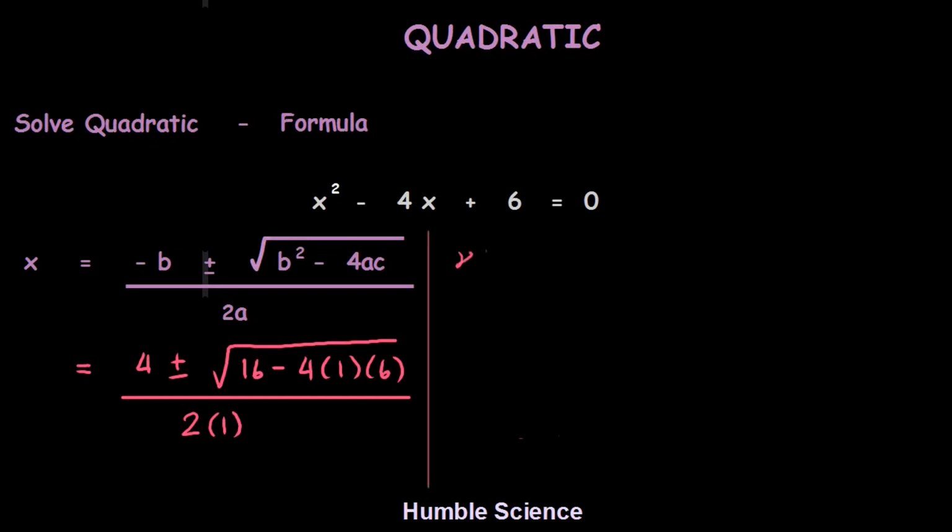And that means x is equal to 4 plus or minus the square root of 16 minus 24, divided by 2.